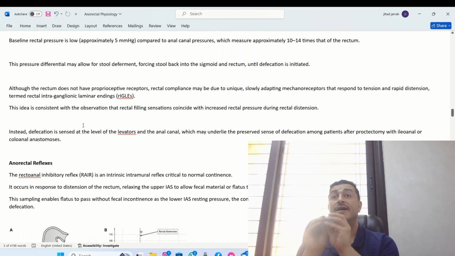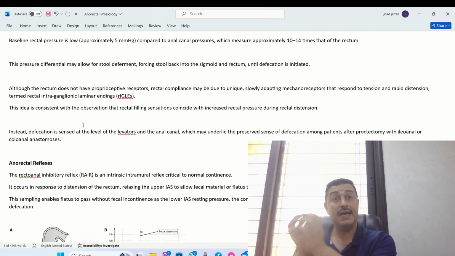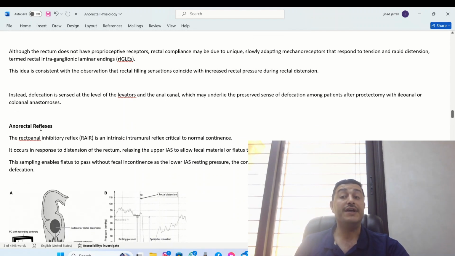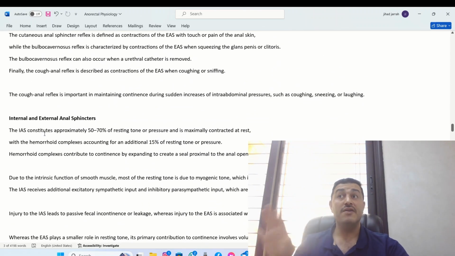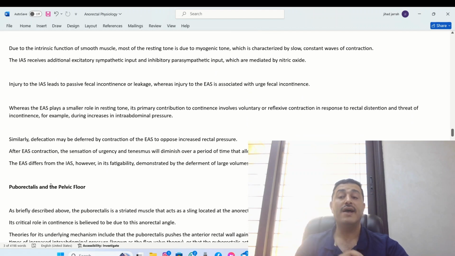Also, we have some reflexes that help us maintain stool in the rectum without passing it, called the anorectal reflexes. We will explain them. Also, we have the function of the external and internal anal sphincter and the puborectalis and pelvic floor muscle.